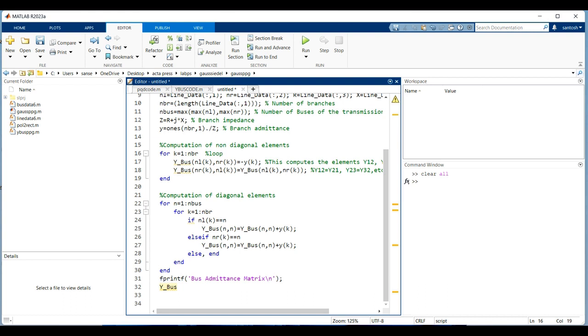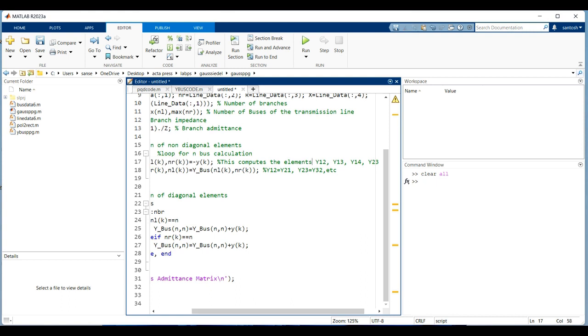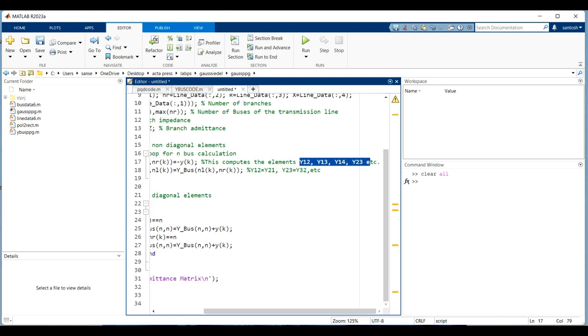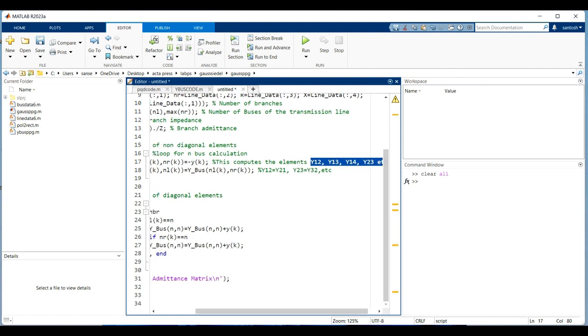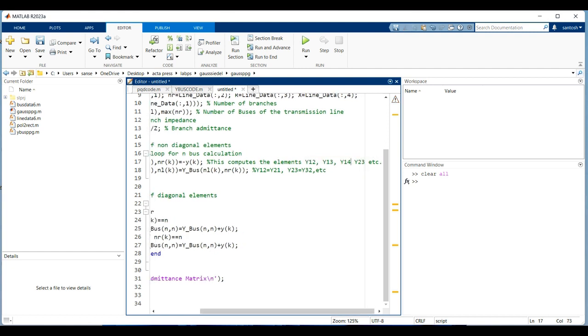So we are making a for loop here. For k is equal to 1 to NBR. So we are writing a for loop for n bus calculation. Now we will give the formula here. Ybus(NL, NR) up to the kth bus is equal to the negative value of the admittance.